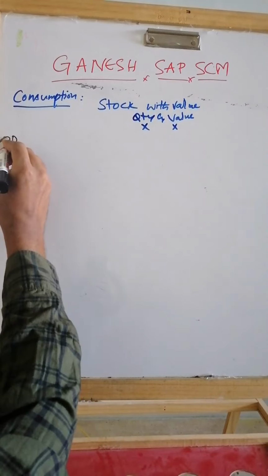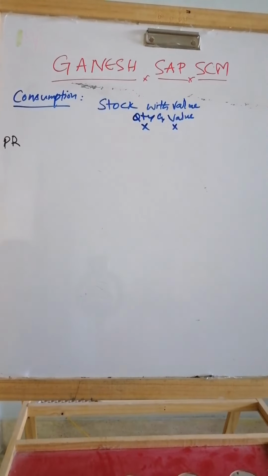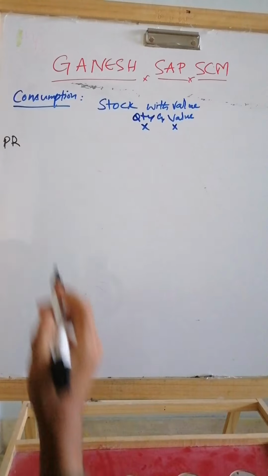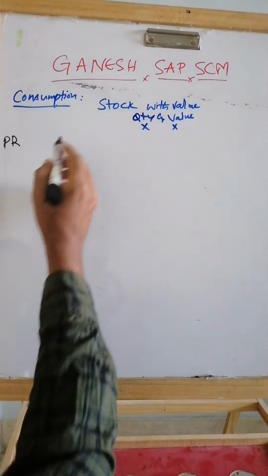For example, if the admin department needs certain materials to consume, they can directly create a purchase requisition with an account assignment category. I will also explain the most popular account assignment categories. If the department creates a purchase requisition, the purchasing team can convert it into a PO.